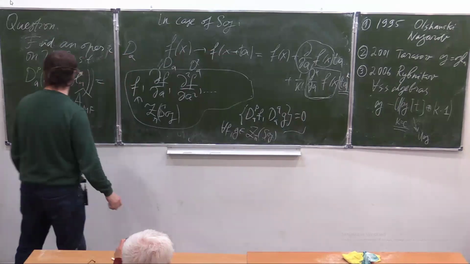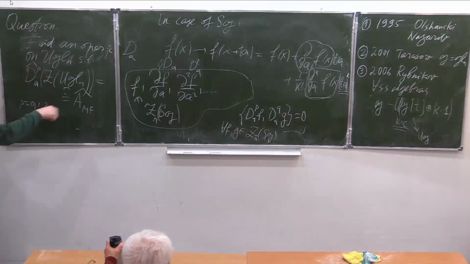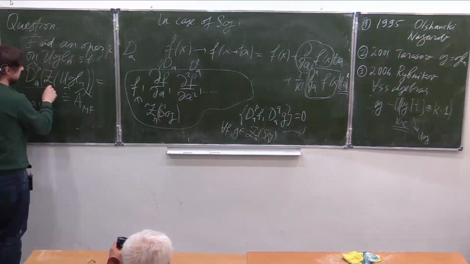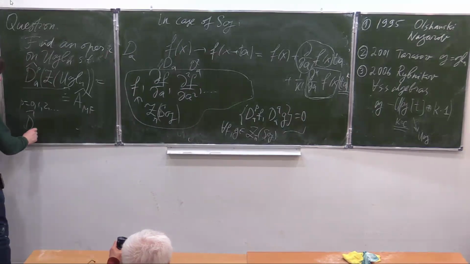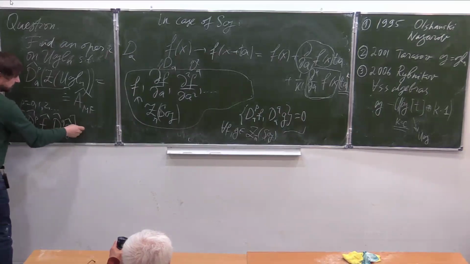So I need to find an operator here, maybe I use a hat to distinguish it from that example, such that when you apply it iteratively to elements in the usual algebraic center, you get 0.